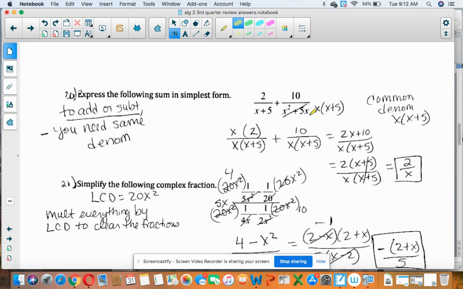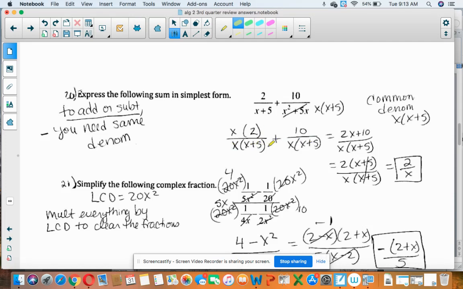This already has the denominator, so I'm not going to do anything to this numerator. This was close. My denominator is x plus 5. So since I'm adding on an x, I have to add on the x on top. So on the top, I basically am multiplying the top and the bottom by x, so I have that common denominator of x plus 5.